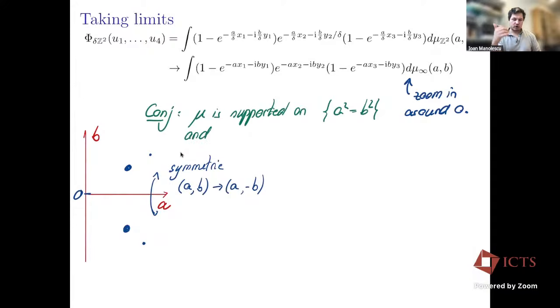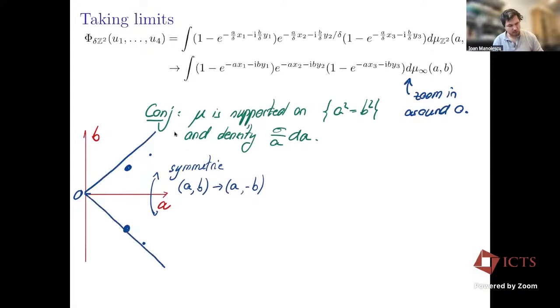And if you look at the marginal in A, it has density sigma over A dA. So what you expect is that your measure is actually completely concentrated on these two diagonals, and it has this density.